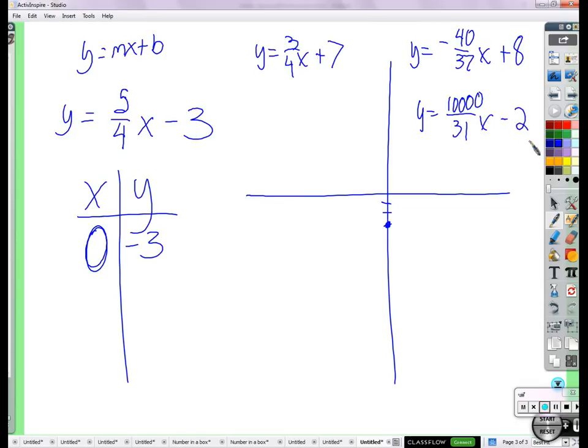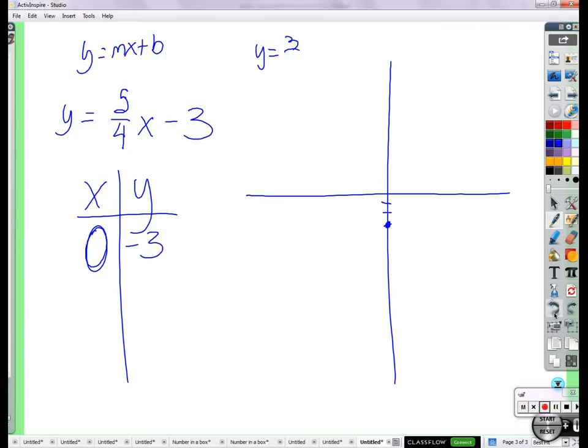Negative 2. It couldn't get any easier than plugging 0 in for x, because the thing that's multiplied by x, since x is 0, will go to 0. The other thing that's left is the thing that's not multiplied by x. Okay, so that was a quick little quiz.